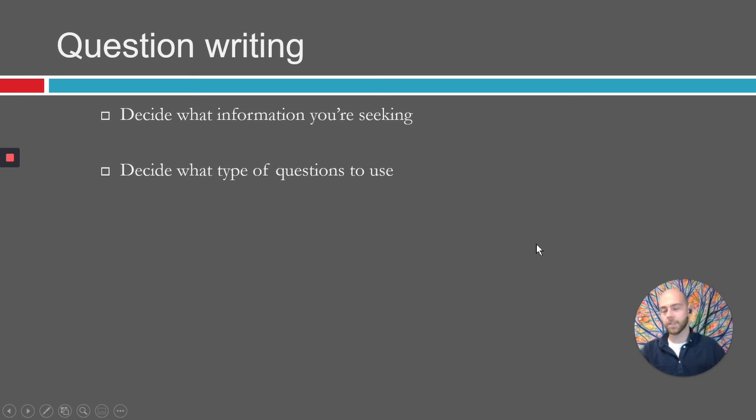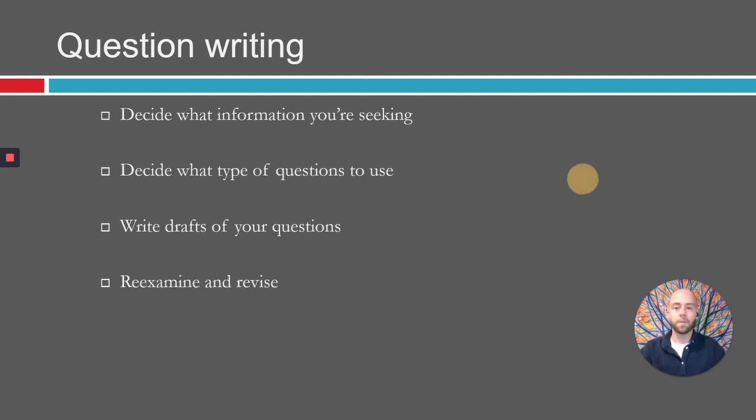So deciding what question types to use has a lot of thinking and information that goes into it. Once you've decided what to use, you definitely should also write drafts of your questions. You shouldn't just assume that the first way you write it, just like with a paper that you're writing, is going to get the wording perfect the first time. You need to think about it, edit it, get feedback from people.